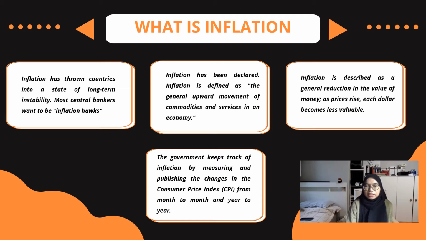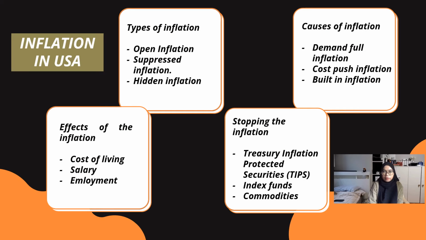The CPI is the total cost of all these goods. The government keeps track of inflation by measuring and publishing the change in the Consumer Price Index from month to month and year to year.